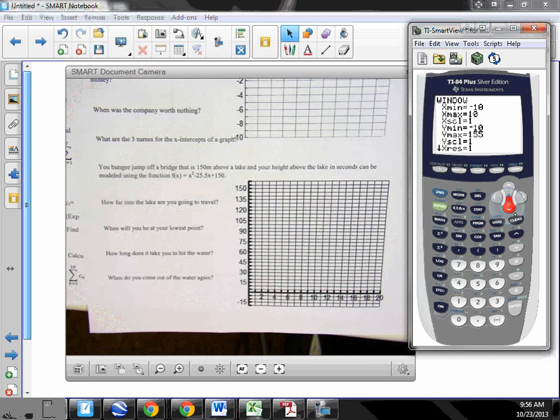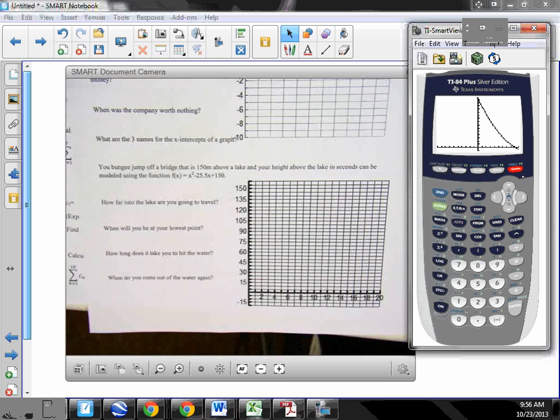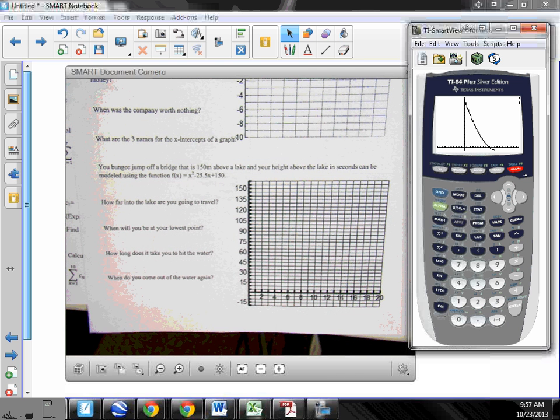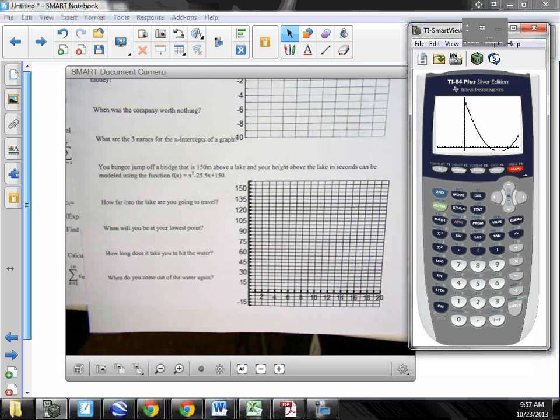And I'm going to count by tens. So each little mark is going to be 10. So I push graph. Now, I also want to change my x's. So let's make our x max 20. And I can't quite see the whole graph. What else should I change?